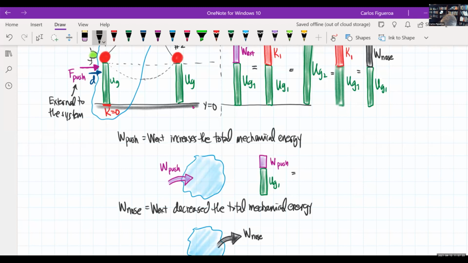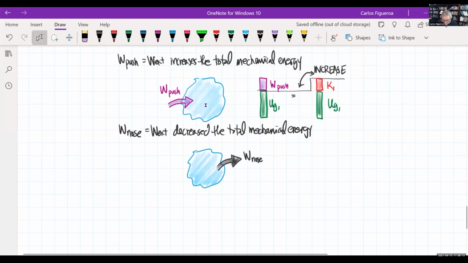And the way it increased it is that we saw that it went from here, and then all of a sudden there's a step up in the energy. So we're seeing that this is exactly what happened right here. So now that energy was converted into kinetic energy at that point. So from here to here, this is clearly an increase.